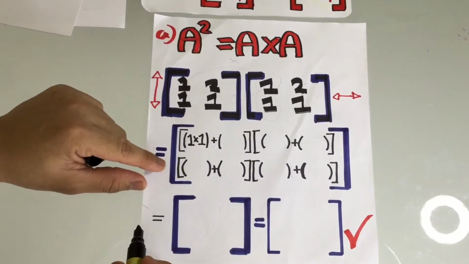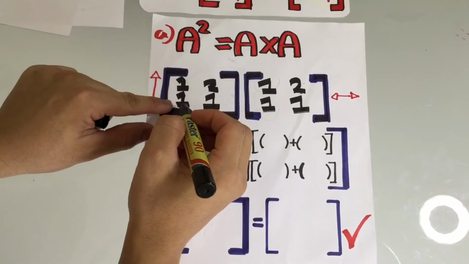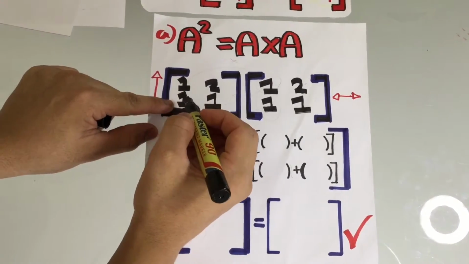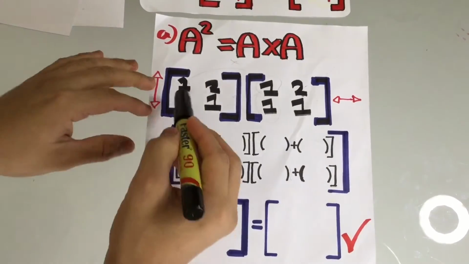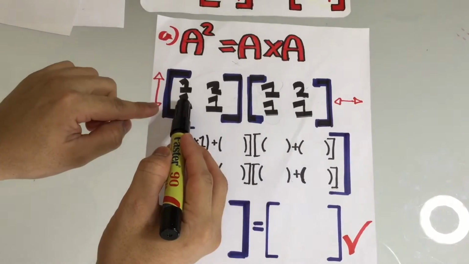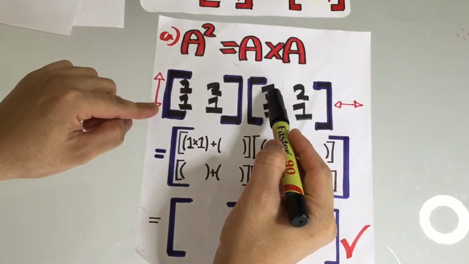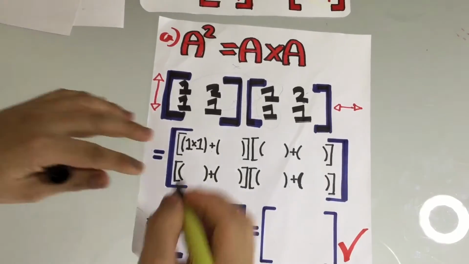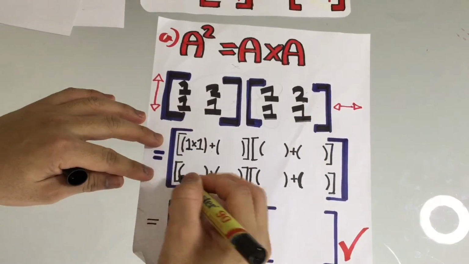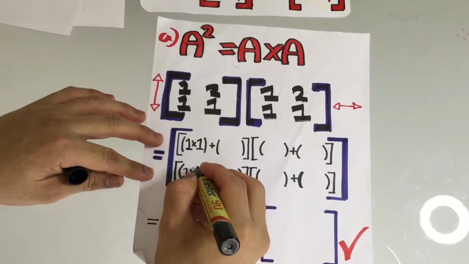For the second one, we're going to the next bottom here. 1 times 1, this one is at the bottom and this one is still on the left, therefore bottom left. It's 1 times 1 here.